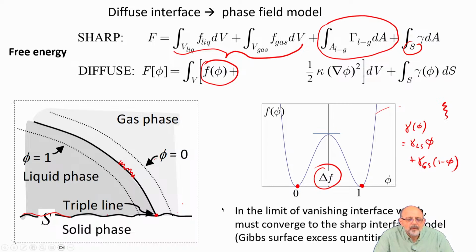Okay, so these are the basics of my phase field model for flow of immiscible fluids. So this gas and this liquid are immiscible. In our experiments, gas was nitrogen, and liquid was that aluminum silicon alloy, brazing alloy.